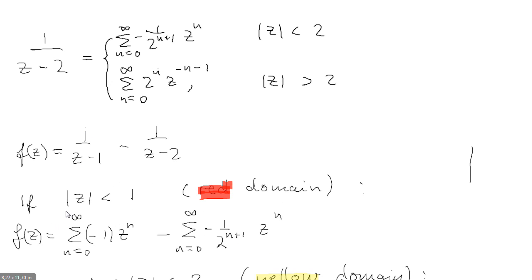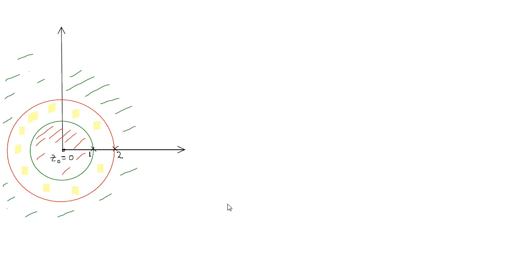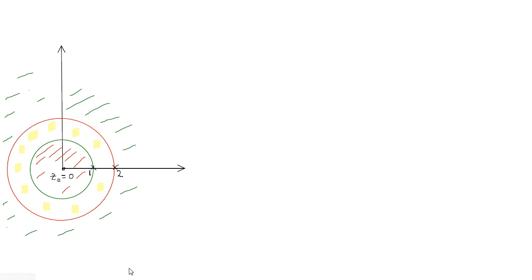If the absolute value of z is less than 1, we can call the region the red. We can make this color for this region. So in this region we have that the absolute value of z is less than 1. So it's this circle with radius 1.